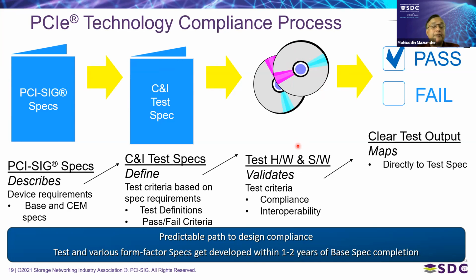If a certain number of tests are passed at the protocol, electrical, and logical level, then those are considered PCIe interoperable cards or systems. What this process guarantees is that if those cards and systems that passed are put together, they will work flawlessly. And that program provides a path to design compliance. These are what give a mature ecosystem across many usages of the PCI technology.